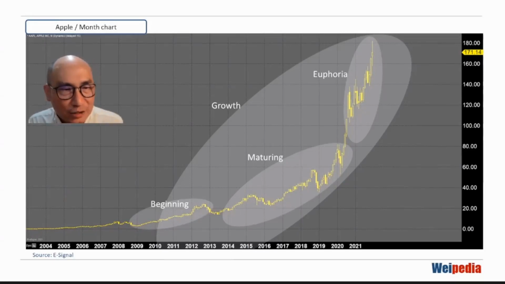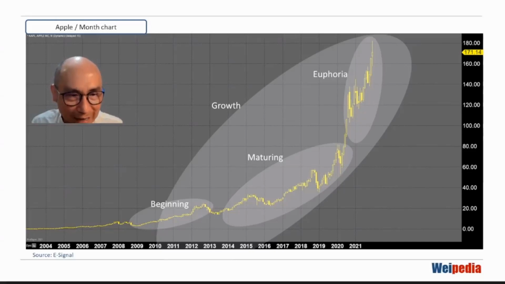Now, as I'm going to present to you the next few case studies of Amazon, Dow Jones, and Hewlett-Packard, I want you to take a look at the characteristics of the beginning stage, maturity stage, and euphoria stage. There is a standard pattern. I want you to take note of it. I'm not going to reveal it to you until the end. On all these examples, try your best to identify the characteristics of each growth stage: the beginning, maturity, and euphoria.